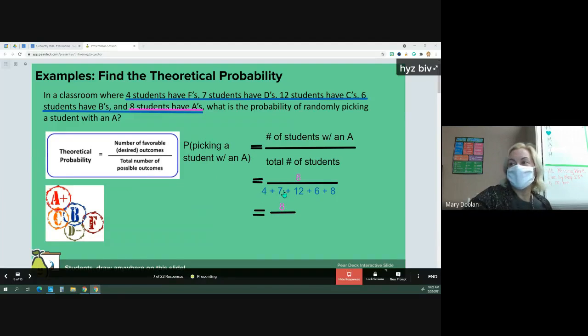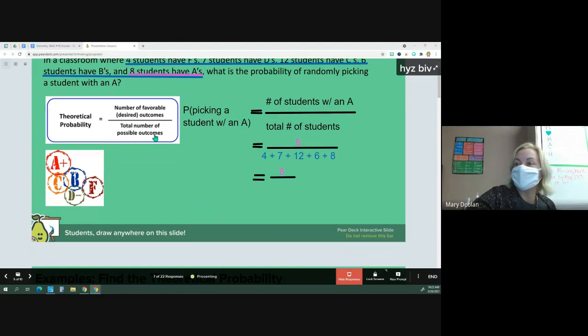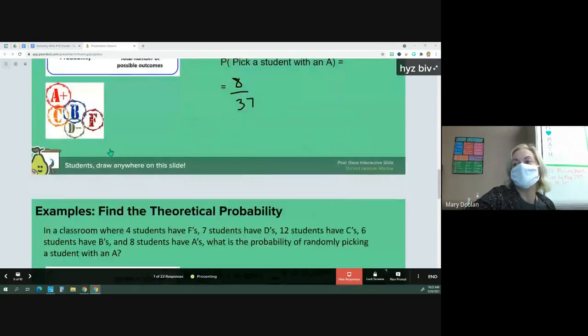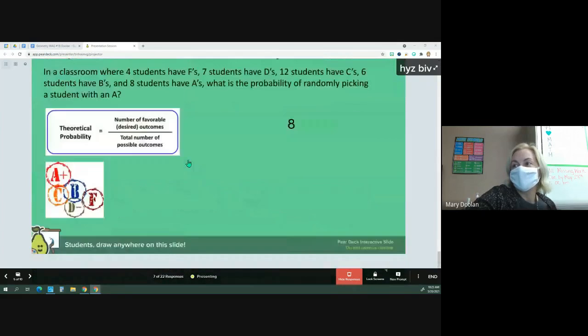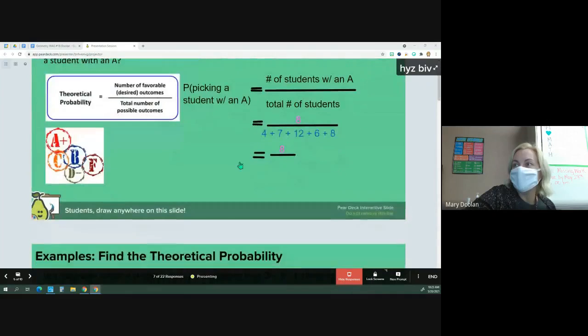So if I add 4, 7, 12, 6, and 8, I already have 7 responses on here. So I'm going to let somebody else do this calculation and see what you guys got. 37. 37. Good, 37. Awesome. So yeah, that's my denominator. And right here, I would type 37.